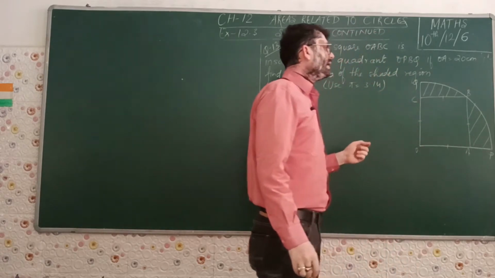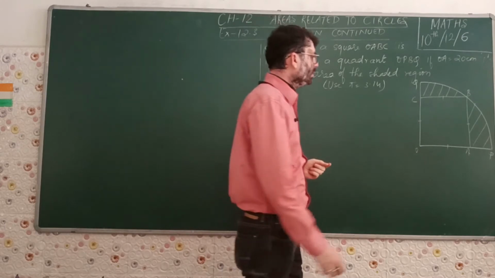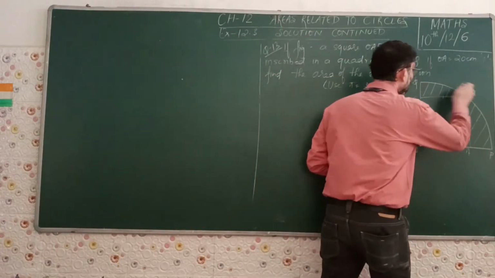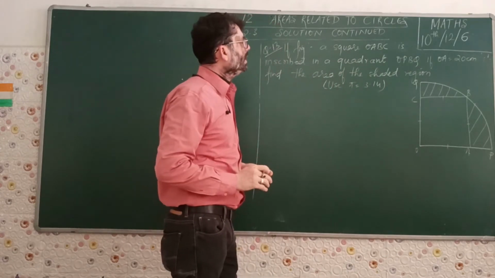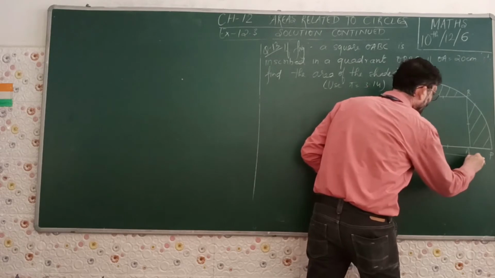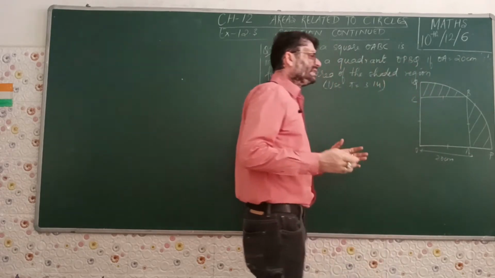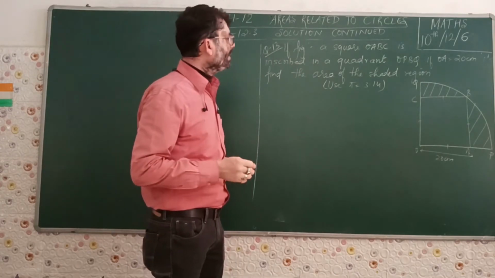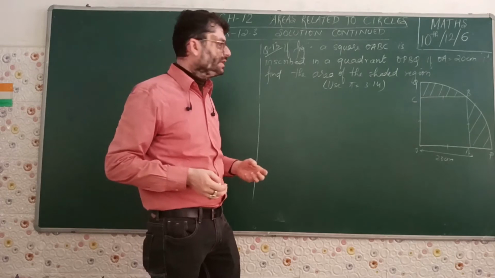So it is a square that is inscribed in a quadrant OPBQ. In the quadrant OPBQ, the square has been made inside the quadrant. If OA equals 20 centimeters, we are given OA is 20 centimeters. That means we are given the side of the square to be 20 centimeters, and we need to find the area of the shaded region.